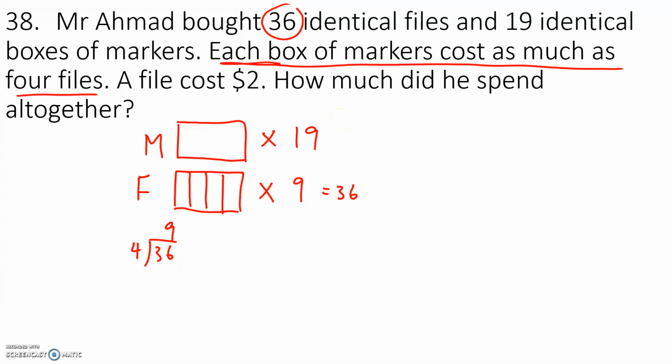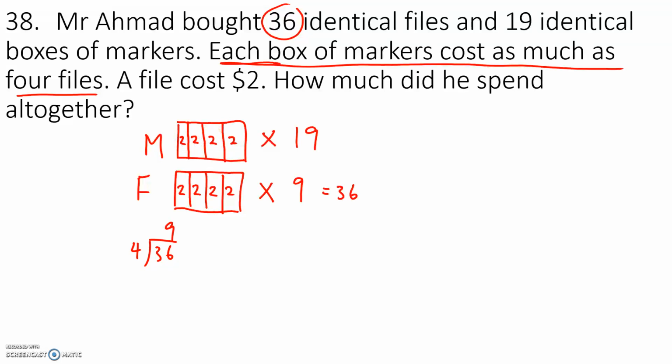Okay. Now, they say that a file costs $2. So, $2, $2, $2, $2. Okay. Now, the problem is this. You have a small unit below, and you have a big unit on top. Not fair. So, what we're going to do is divide the unit on top to become very small units as well. Okay.